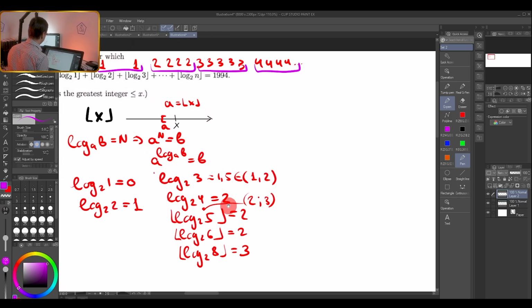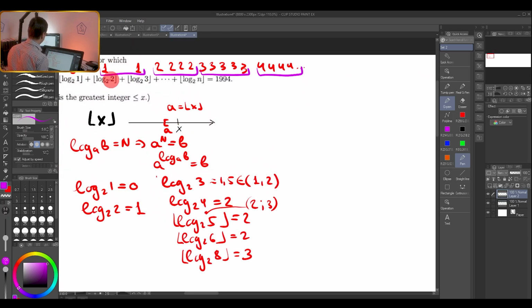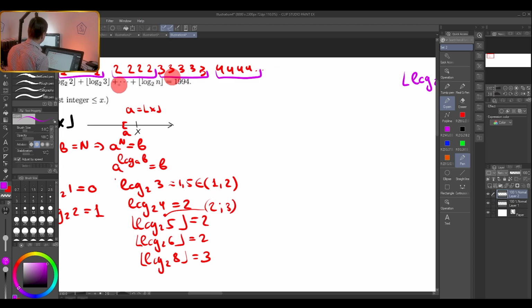Just remember, for example, when we had this power of 2 here, 1, we had 1, 1. When we had log base 2 of 4, where 4 was 2 to the power of 2, we had 2 here. When we came to the point of 8, it was 2 to the power of 3, and we had several 3s here.